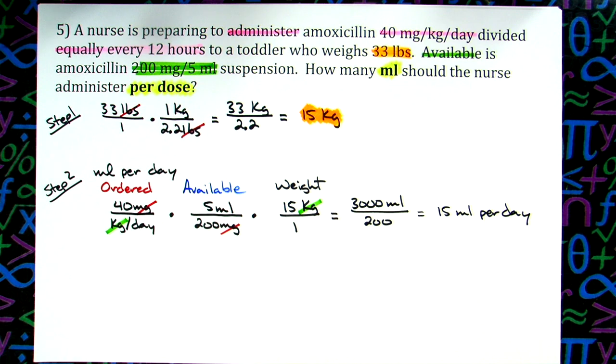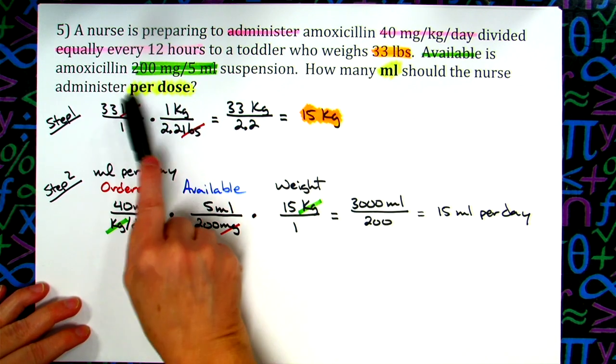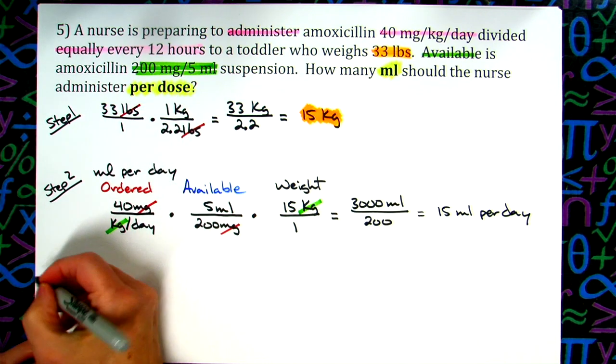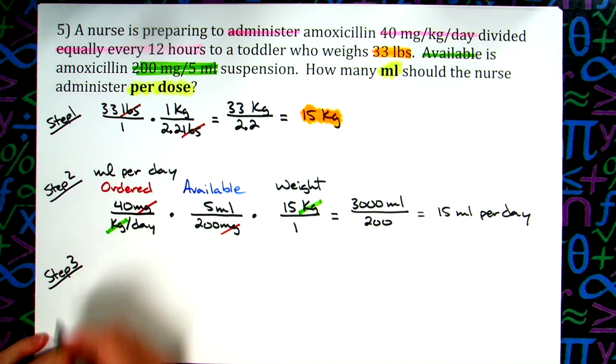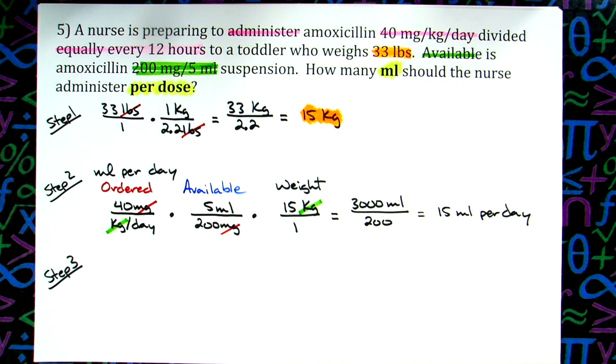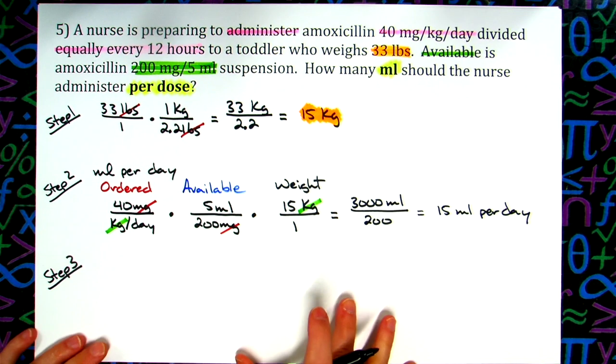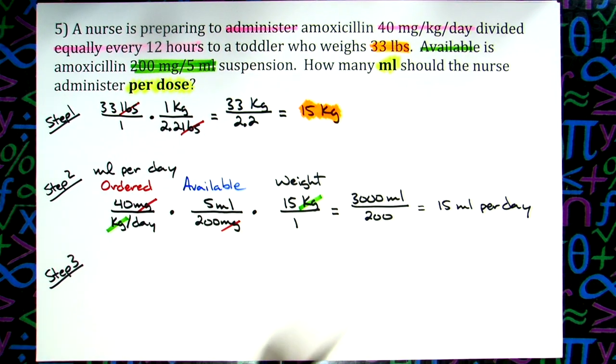Okay, now we needed that because we're going to use that 15 milliliters per day to figure out how many milliliters per dose that we're going to give. Now, I'm going to go ahead and use unit analysis again on this third step. You wouldn't have to use unit analysis on this third step, okay, but just to stick with the pattern of the unit analysis, I am going to go ahead and do it that way.